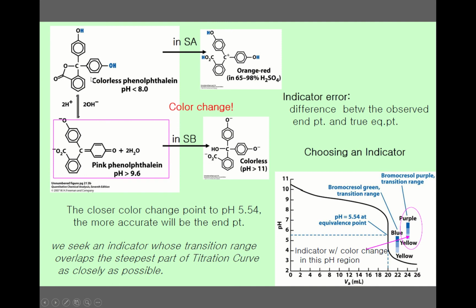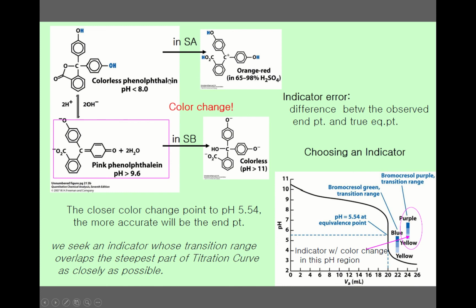So this is a good indicator for the titration of a weak acid with strong base. This one is fully protonated, so there is no color, colorless, below pH 8. But when pH is above 8, this fully dissociated form is pink.